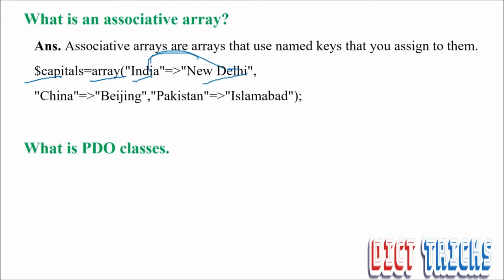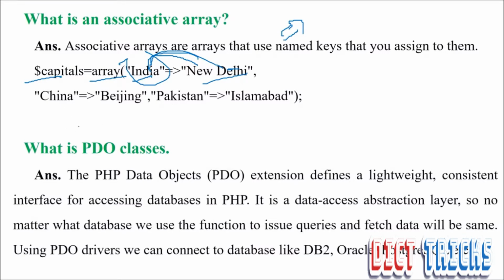So these are name value pairs, say property value pairs. So India's capital is New Delhi, comma. So these are in double quotes, and this is the sign showing that this value belongs to this, then comma, and finally likewise the other members. So associative arrays are arrays that use named keys that you assign to them.